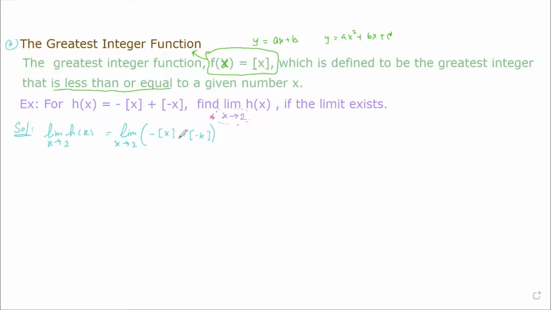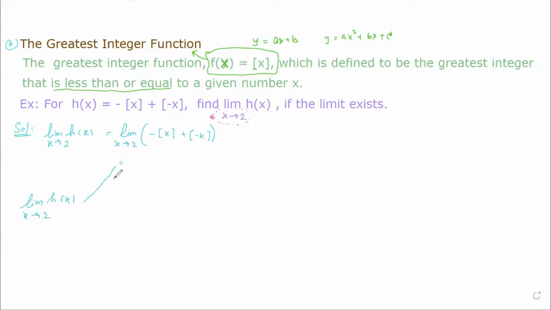After we take the limit on both sides, we do the right-hand limit first. I can write it here: the limit of h of x as x approaches 2. We do the first case first.